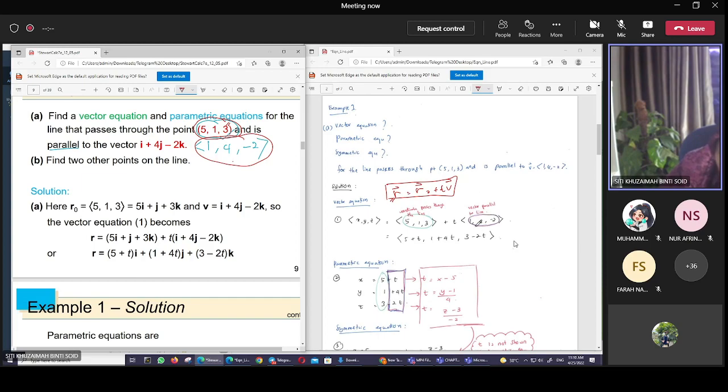We just substitute into this, so the vector equation is this. Combining, we get (5 + t, 1 + 4t, 3 - 2t). So this is the vector equation.